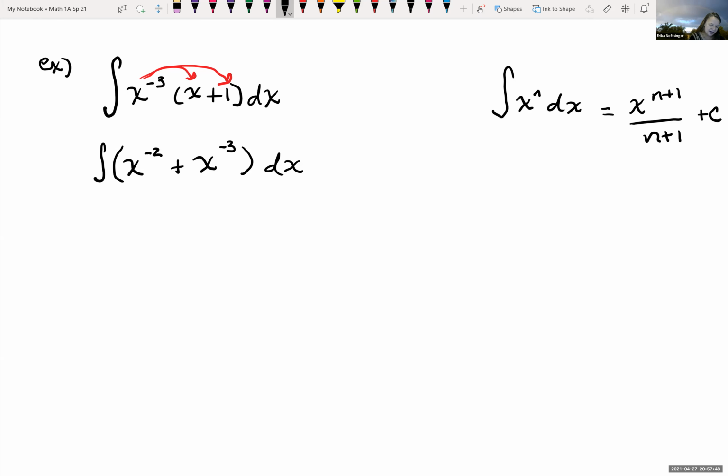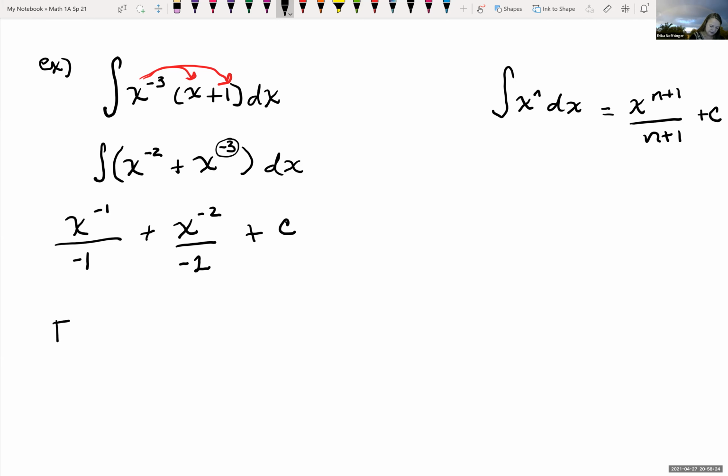Adding 1 to my exponent, negative 2 plus 1 is negative 1, divided by my new exponent, negative 1, plus x to the negative 3 plus 1 power, which gives me negative 2 power, divided by my new exponent of negative 2, and then plus some constant c.